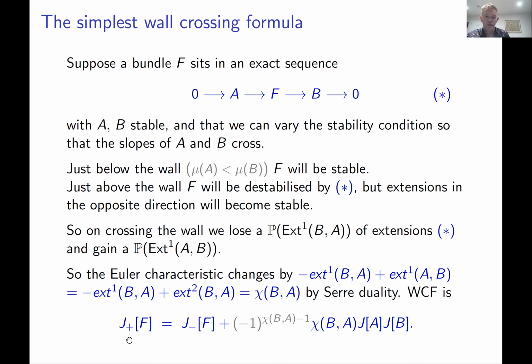The wall is in the space of all stability conditions, and J plus is just above the wall. So I'm using a stability condition where the slope of A is just slightly bigger than the slope of B. And J minus was below the wall, where the slope of A was just slightly less than the slope of B. So those are counts of sheaves for different stability conditions.